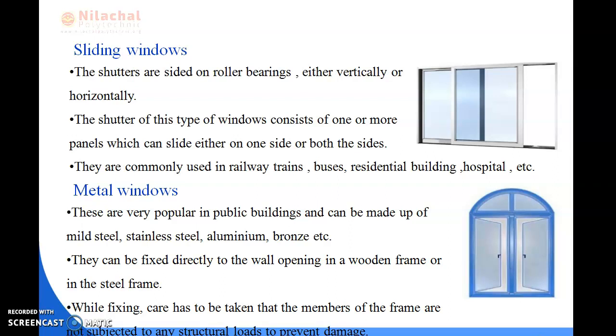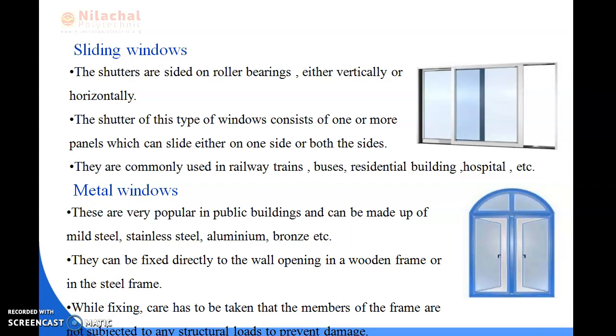So metal windows are mainly used in all of our buildings, and these windows are made of mild steel, stainless steel, aluminium, bronze. They can be fixed directly to the wall opening in a wooden frame or in a steel frame, with care taken to prevent any damage.